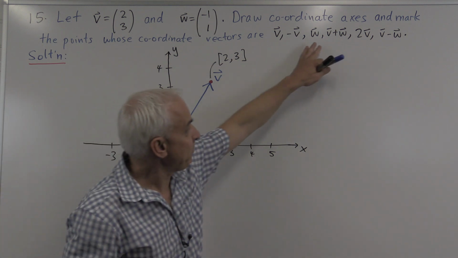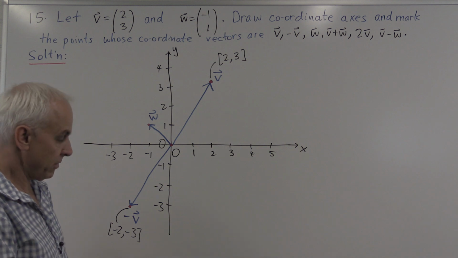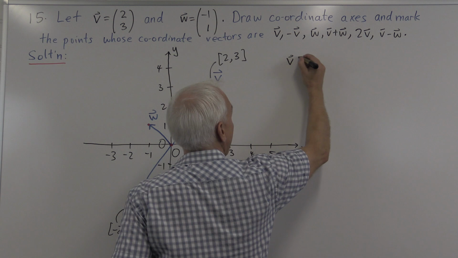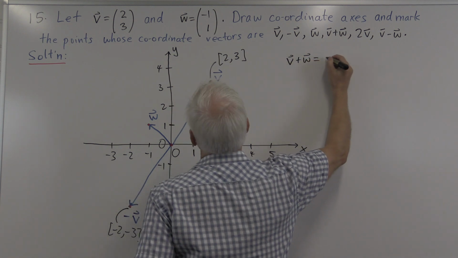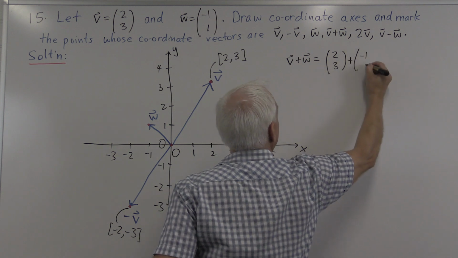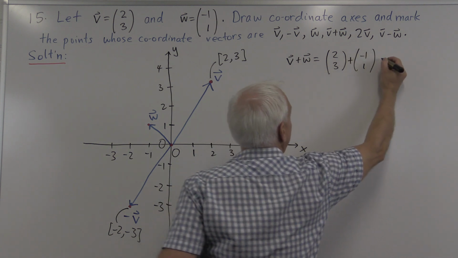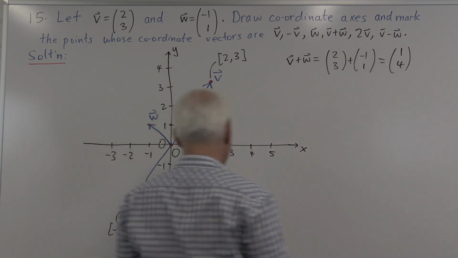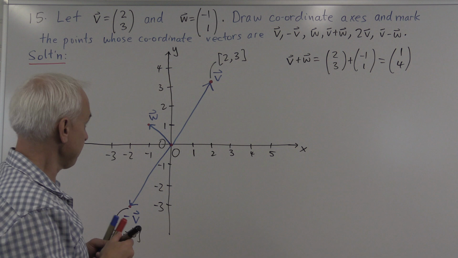How about v plus w? Well, we should compute what that is. So v plus w is 2, 3 plus minus 1, 1. And that is 1, 4. Where is that?